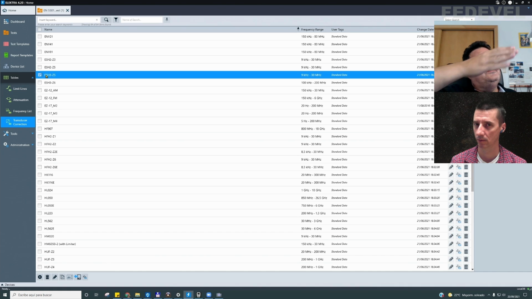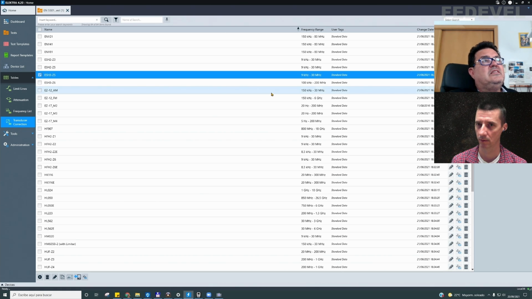It's a frequency dependent response, so it's not a constant 3 dB or something like that. So you can measure the frequency response with the spectrum analyzer, or the manufacturer gives you the file.